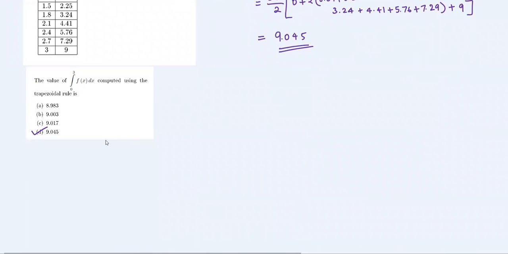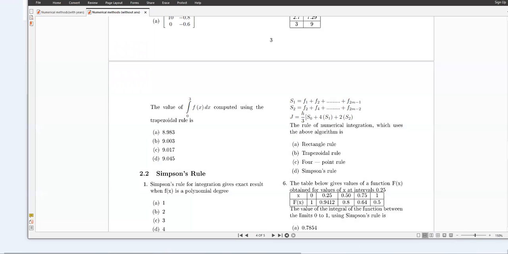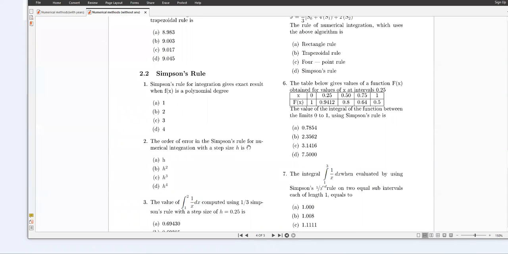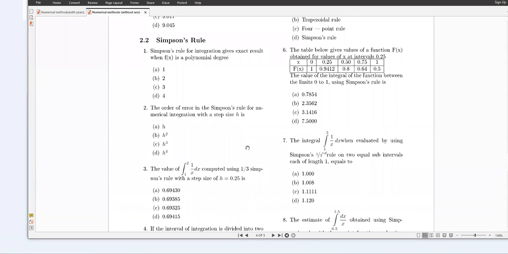So this was problems on trapezoidal rule. We'll do some problems on Simpson's rule.